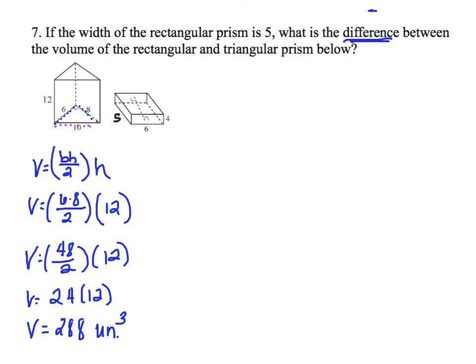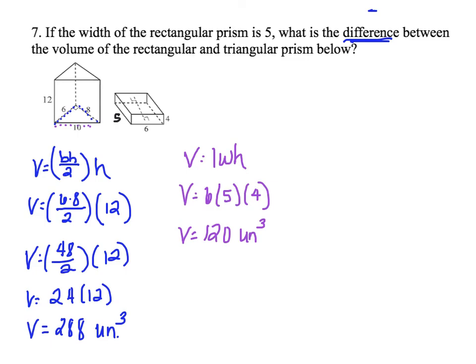I also need to find the volume of the rectangular prism, which is just length times width times height, which is going to be 6 times 5 times 4, and I get 120 units cubed. My last step is to subtract in order to find the difference.